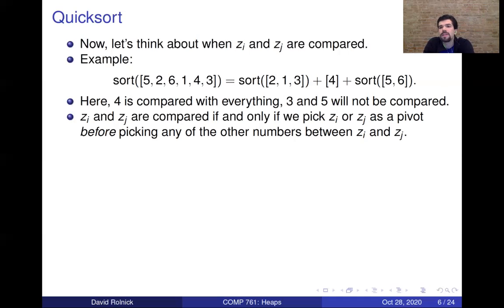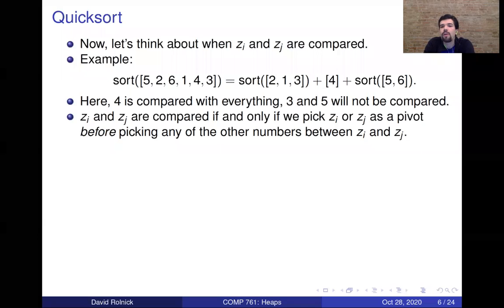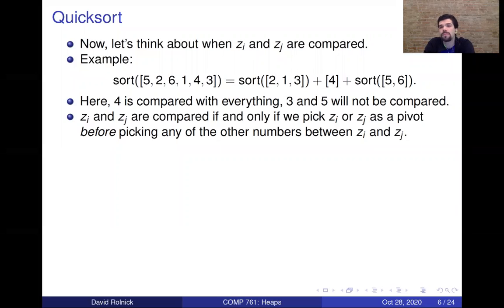So what's the probability that we pick z_i or z_j as a pivot before picking any of the numbers strictly between them?